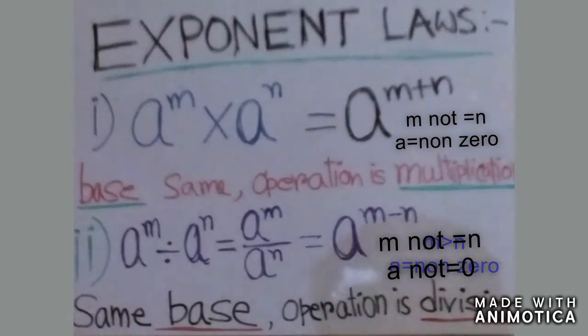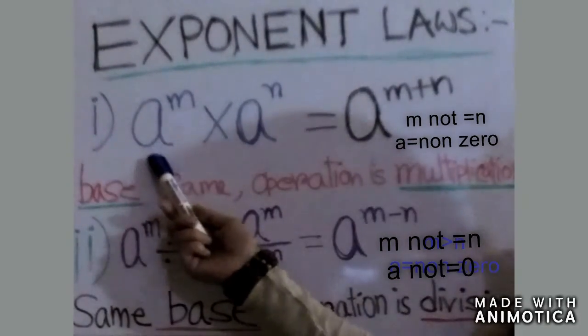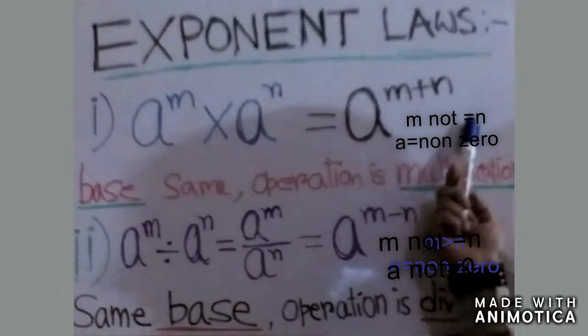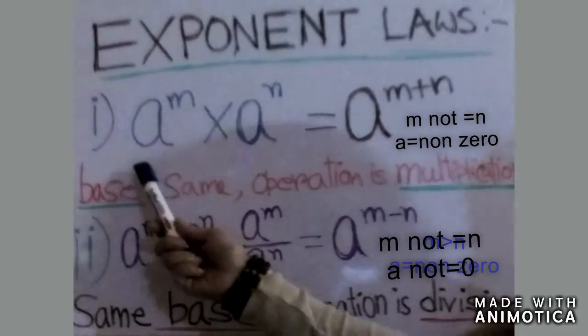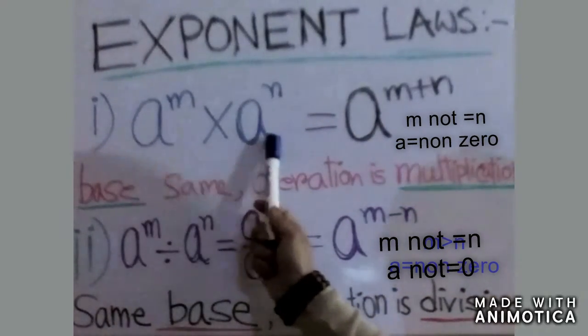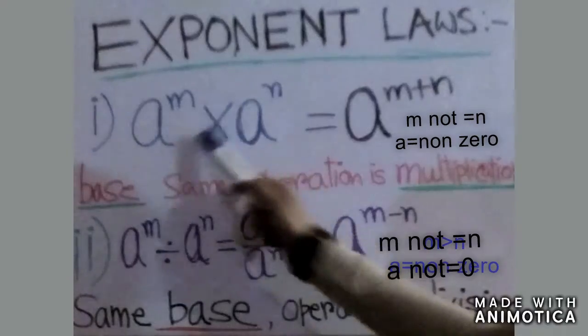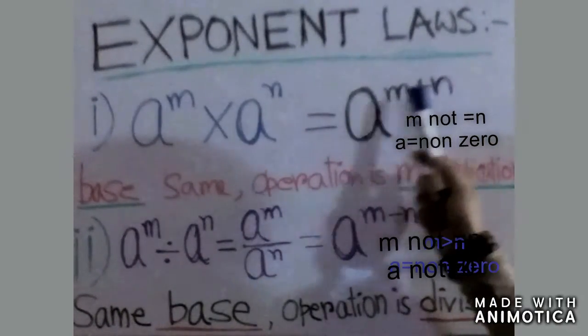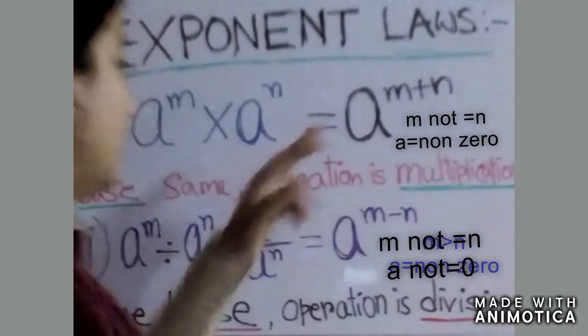Exponent law number 1. A to the power m into a to the power n is equal to a to the power m plus n, where the base is the same. In both cases the base is the same and the operation is multiplication, and that's why the powers add up.